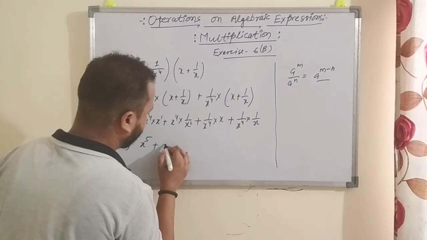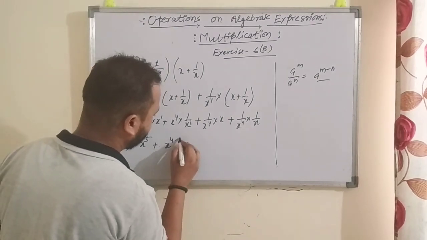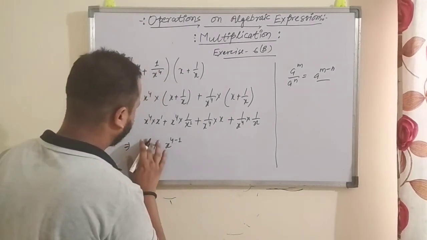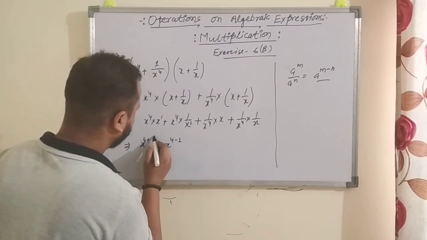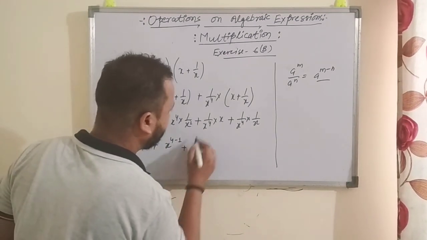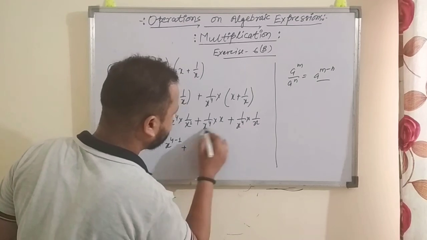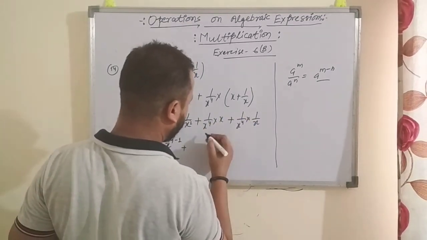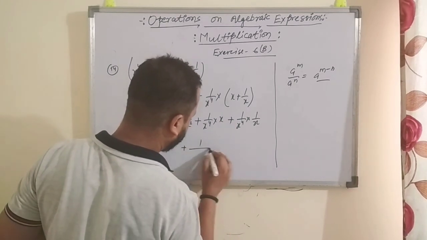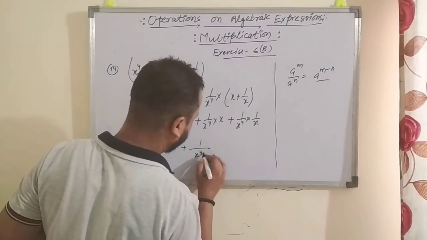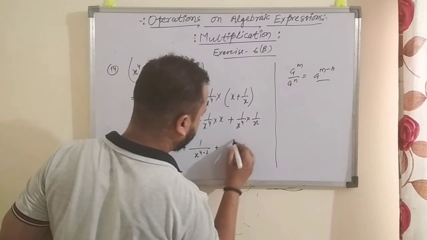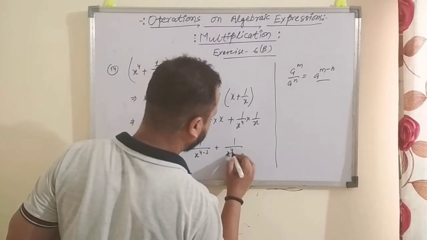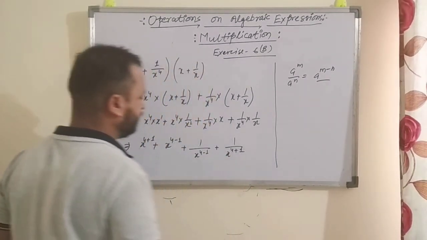So x power 4 minus 1, 4 plus 1, and also here, taking it down, you can write 1 upon x power 4 minus 1, and here 1 upon x power 4 plus 1.